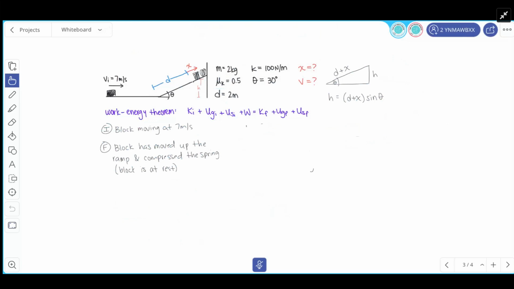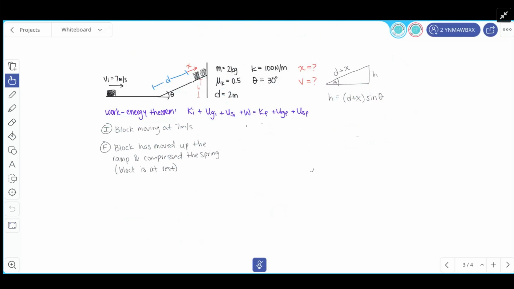And we have, again, also then a new expression for height because if it's moved further up the ramp, that total distance that the block has now traveled up the ramp would be that original distance plus the distance that the spring has compressed. So that's why we have d plus x here. And our height expression is d plus x sine theta.